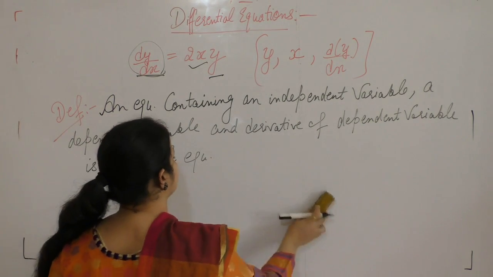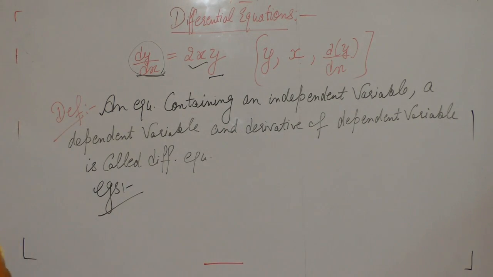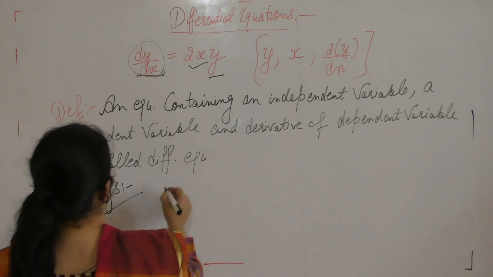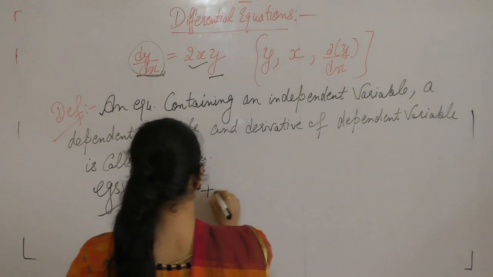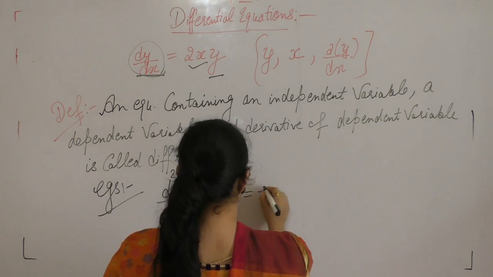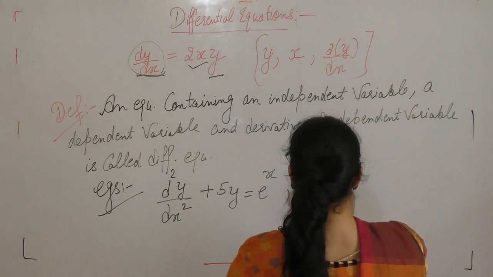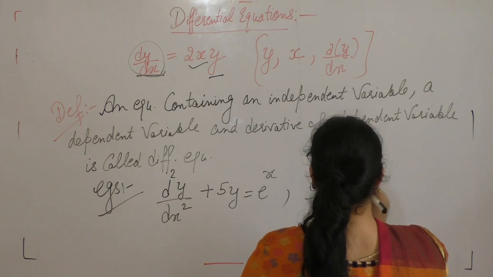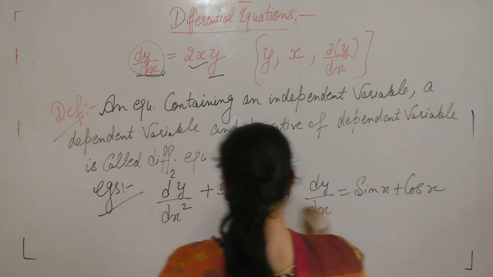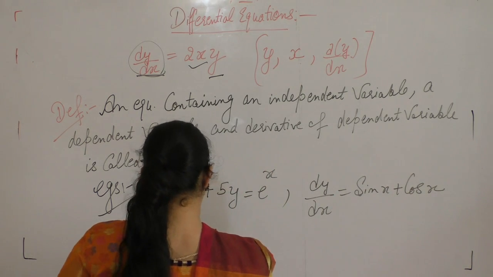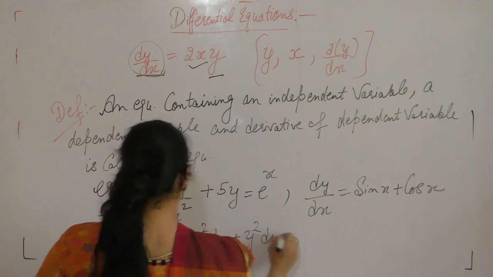Let us take some examples of differential equations. Write down d square y, second order derivative of y with respect to x, plus 5y is equals to e^x. This is differential equation. dy upon dx is equals to sin x plus cos x. x square dx plus y square dy is equals to 0.